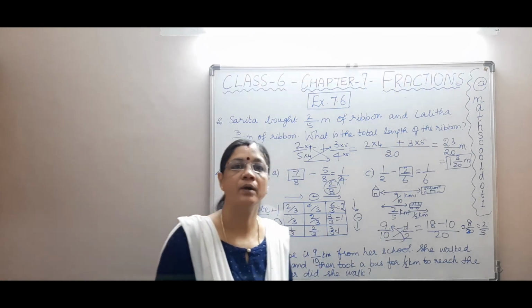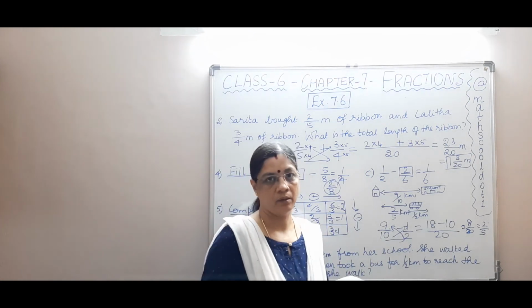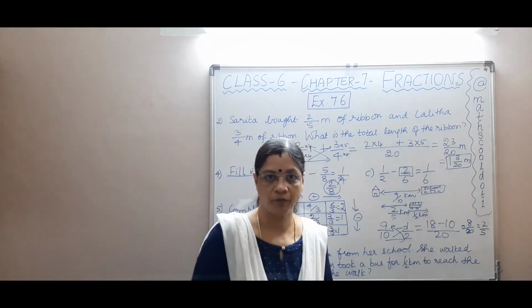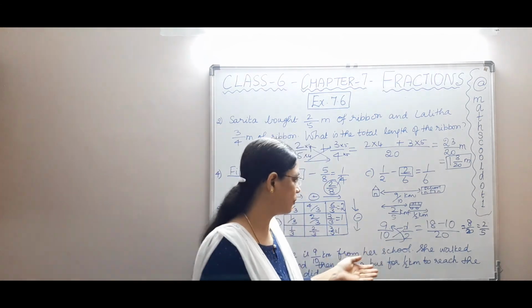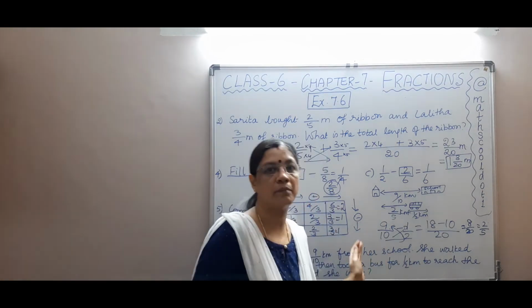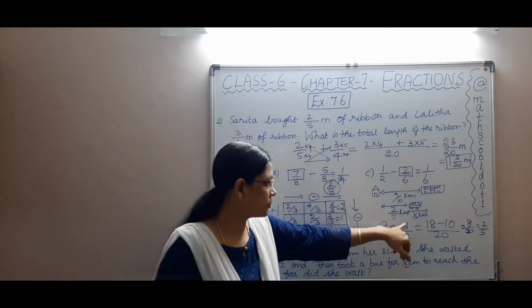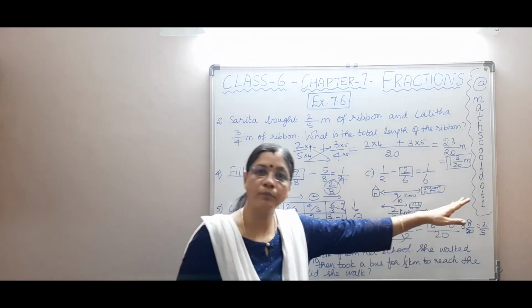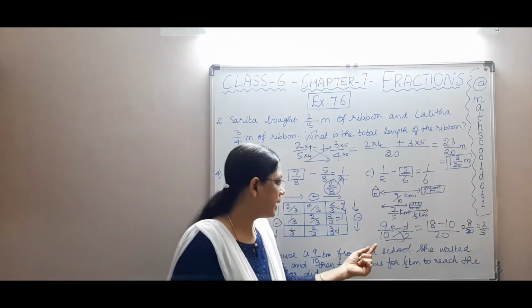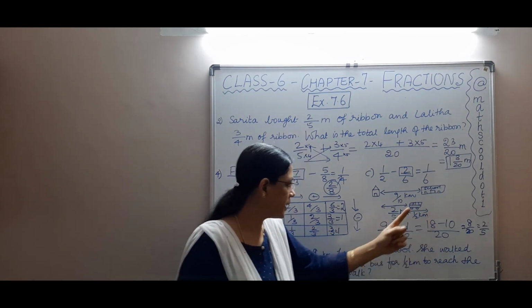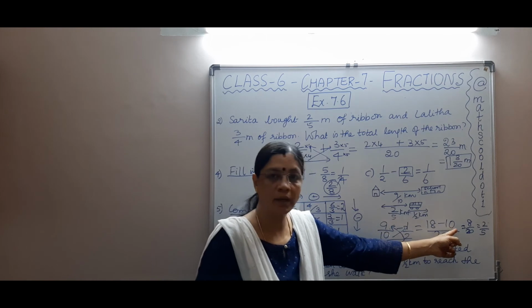So do you understand how we find the answers when unlike fractions are given? For both addition and subtraction, you can follow this method. You just cross multiply the numbers and put it in the numerator. Whether subtraction or addition is given, you perform it in the numerator by cross multiplying. 9 into 2 becomes 18, 10 into 1 becomes 10.